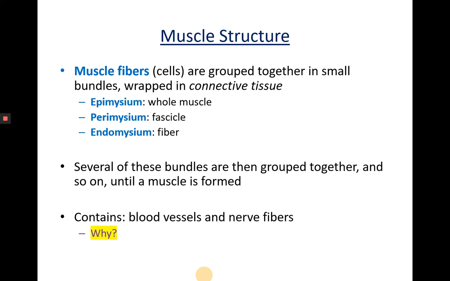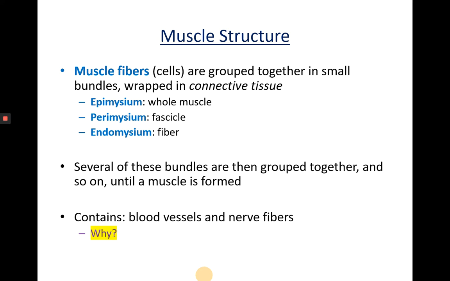And so it might be a little confusing to think about a cell as a fiber. But when you think about what a muscle cell actually looks like, it is a fiber. It is a long tube-like cell that contains all the basic components that a cell contains, but instead it's going to be elongated instead of being a round or square cell. So we have very long tube-like cells.